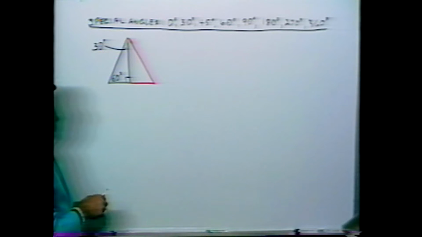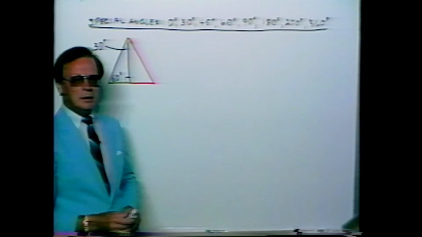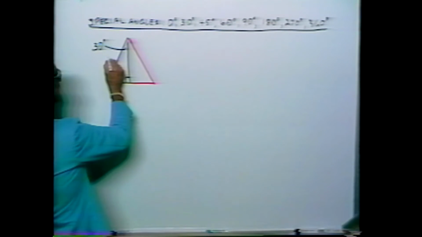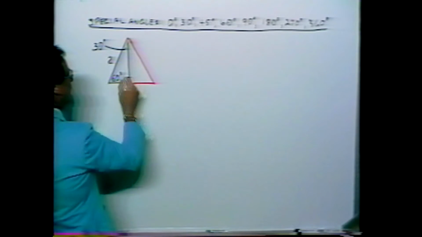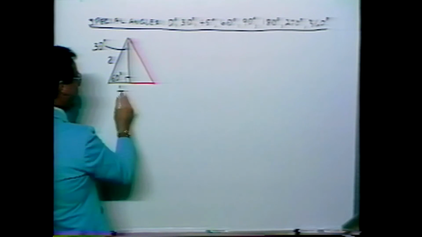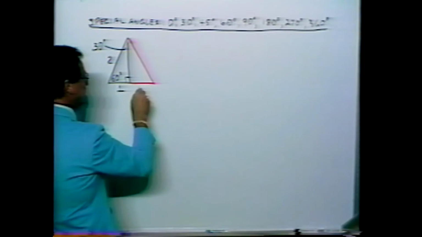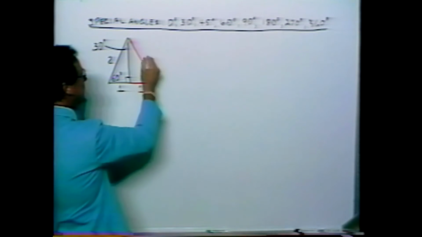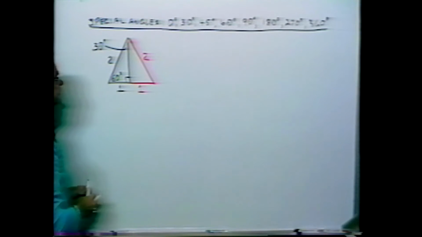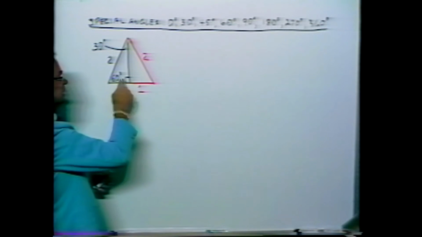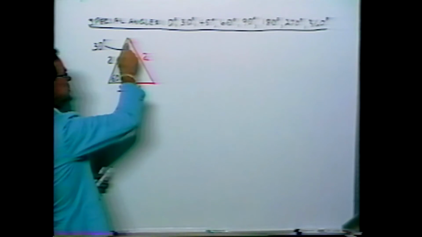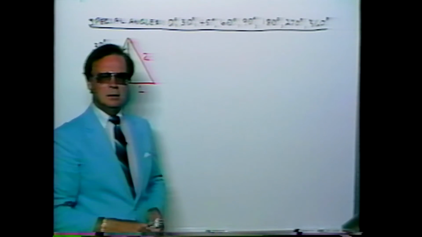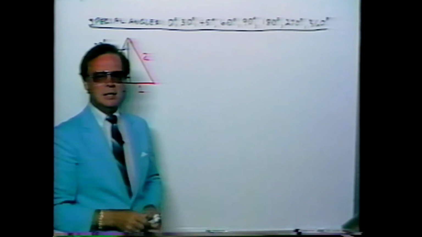Let us assume that the length of the sides are equal to 2. So this is of length 2. This is of length 1, but of course this part is of length 1 as well, making it a total of 2, and this is of length 2. That establishes 60 degrees in each of the angles of the entire figure.